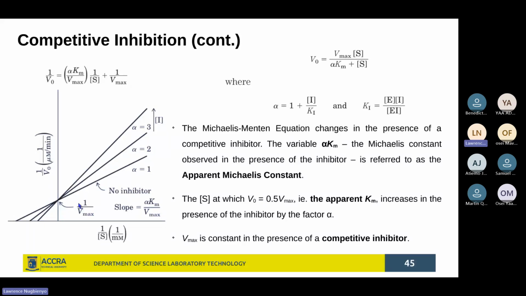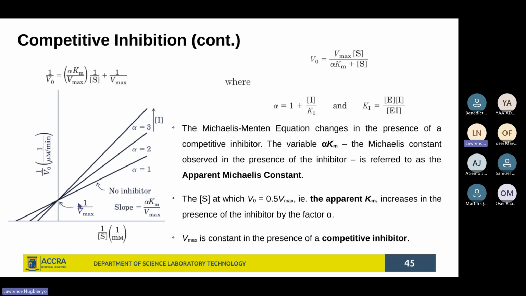So let me say it again. You have enzyme and you have inhibitor in a solution. Then you add substrate to that solution. When you continue to increase the concentration of the substrate, the probability of the substrate binding to the enzyme will become higher than the probability of the inhibitor binding to the enzyme.